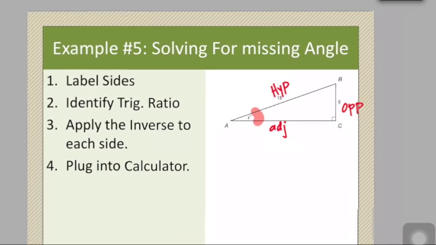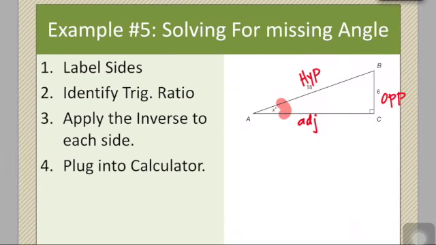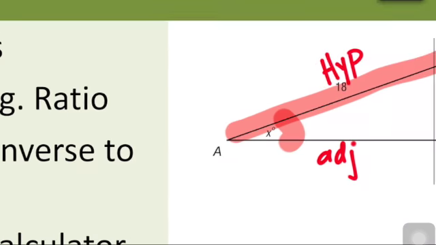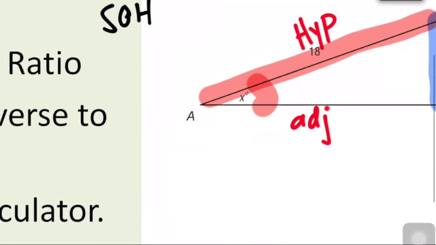And now let's go ahead and identify our trig ratio, just like we did before. Let's look at what we're given. So we have the hypotenuse, and we have the opposite side. So what trig function has opposite and hypotenuse?